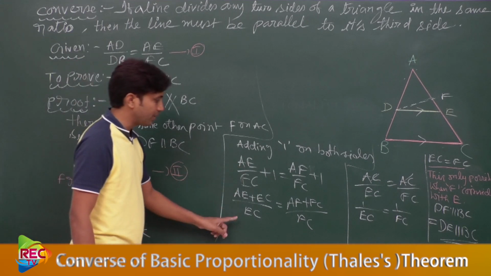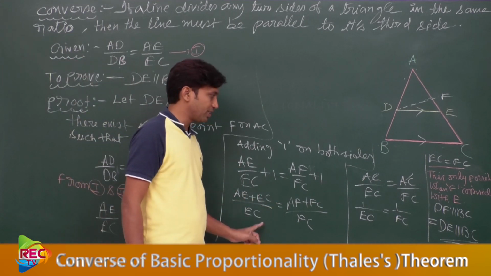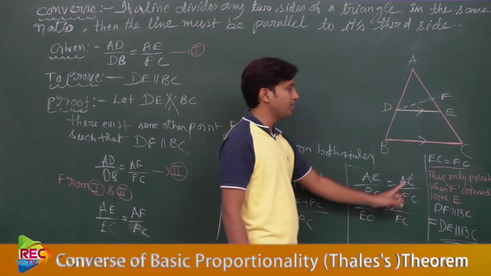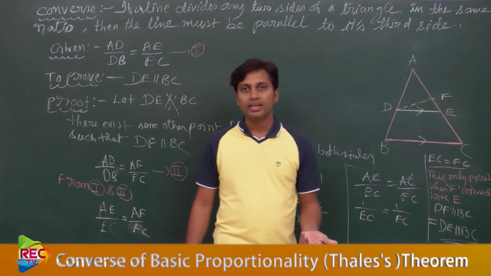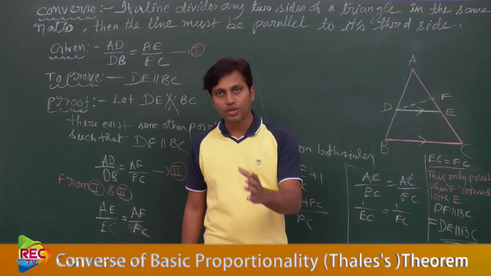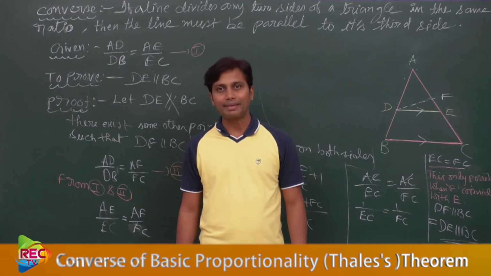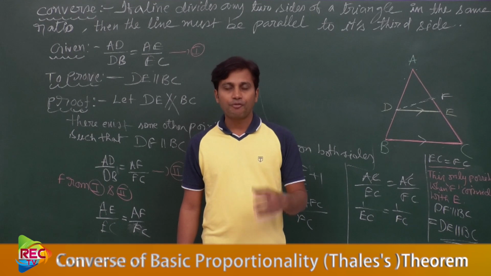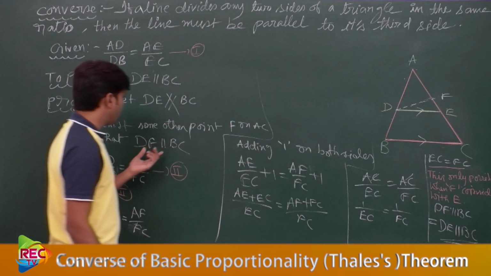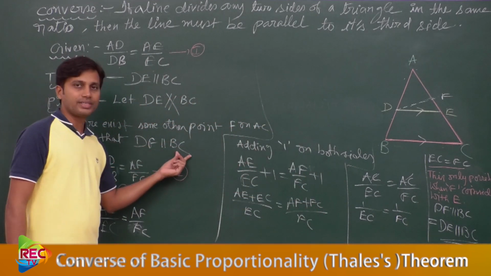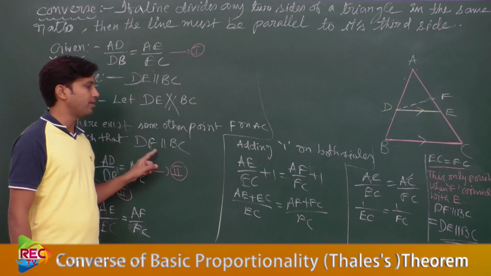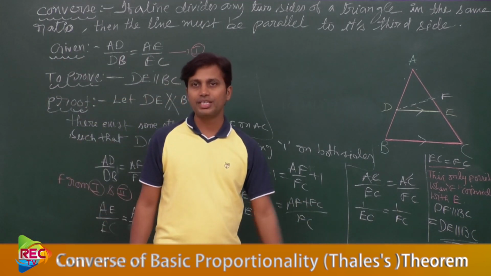Adding 1 on both sides we got these expressions, and finally after simplification we got CE equal to CF. CE equal to CF is only possible when F coincides with E. When F coincides with E, we only took the condition that DF is parallel to BC. That means in place of F, we can write E, so therefore DE parallel to BC.